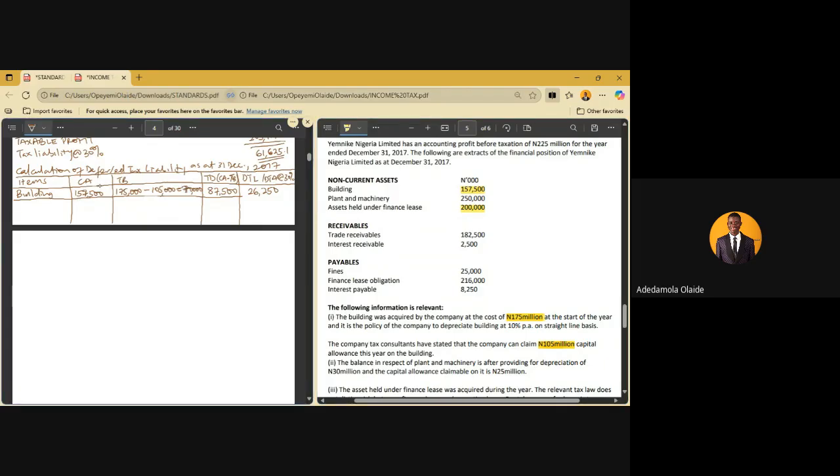So if we now deduct tax base from carrying amount, it gives us the temporary difference. And if we apply the tax rate on it, it gives us the deferred tax, which will either be an asset or a liability. In this case, it will be a liability because carrying amount is more than the tax base. Is it clear? Yes, sir.